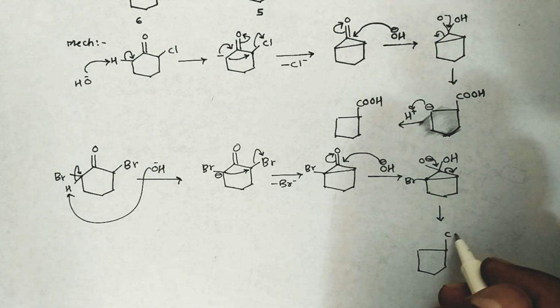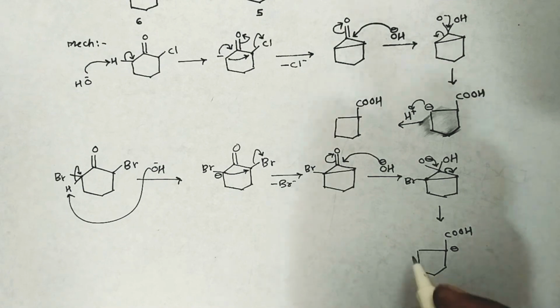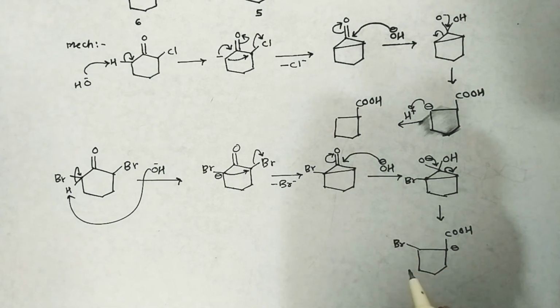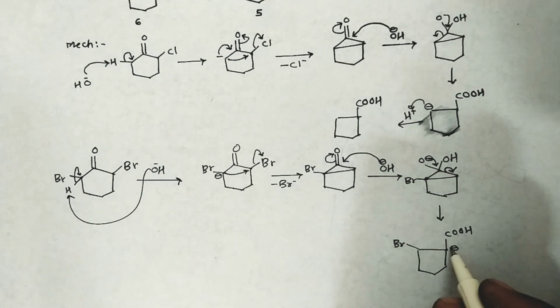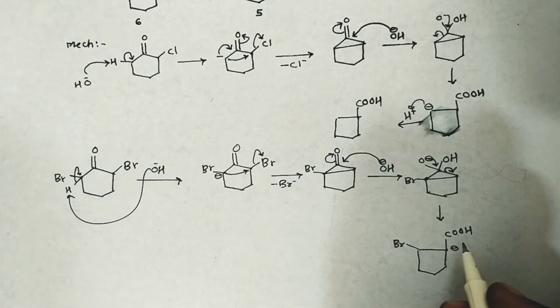Here COOH, negative charge, at this site bromine, and this negative charge is in resonance with this carbonyl group, therefore this negative charge stabilizes here. Now what happens?